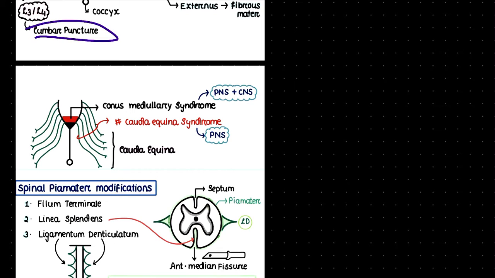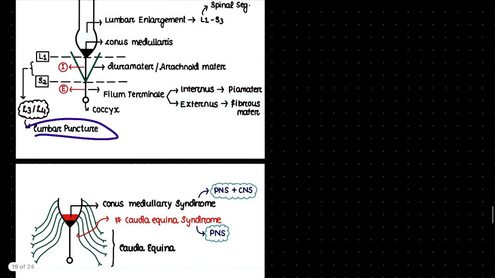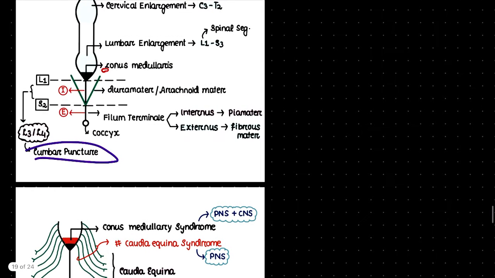Now what will happen if there is a problem at the conus medullaris region? What is the conus medullaris? The conus medullaris is the terminal point of our spinal cord. If there is a lesion in this region, then not only PNS, right? Here there were neurons coming out of this area.